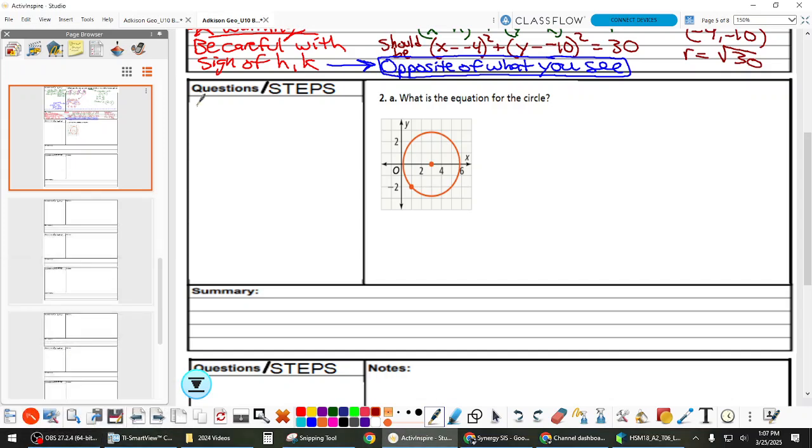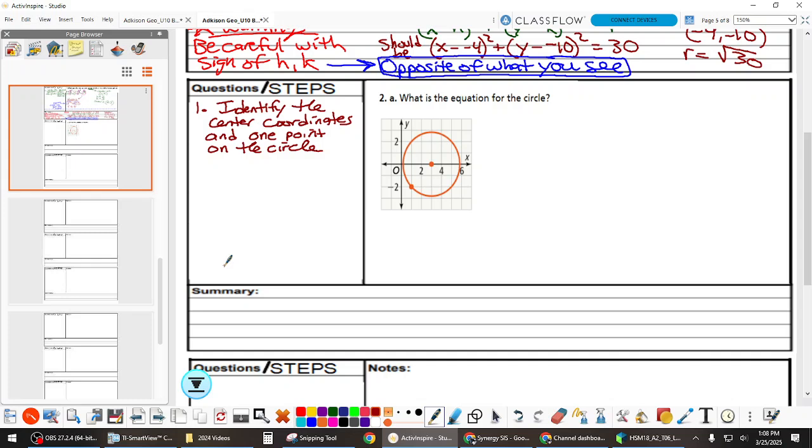So first we need 2 points. 1, the center. So we're going to identify the center coordinates. And we just need 1 point on the circle. So what are the coordinates of the center of this one?